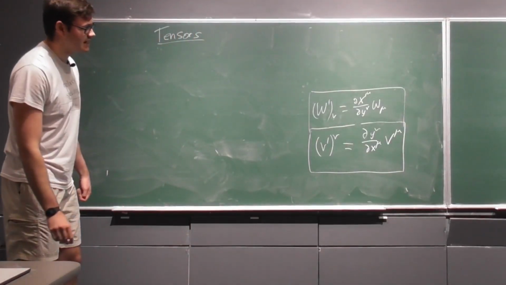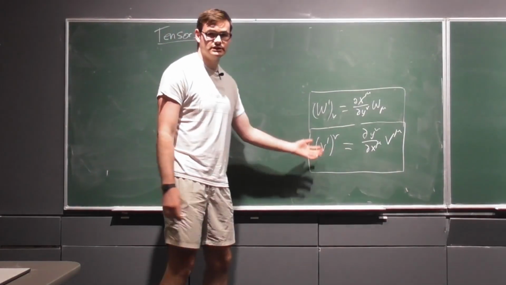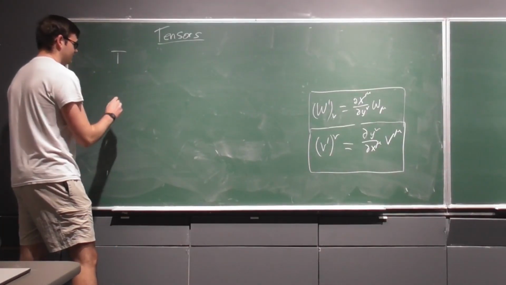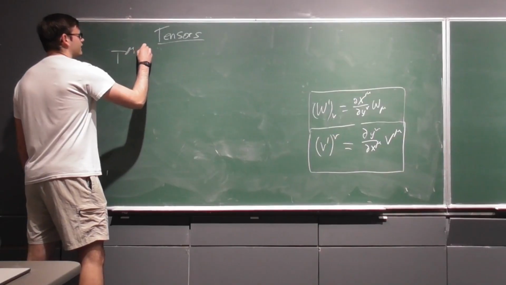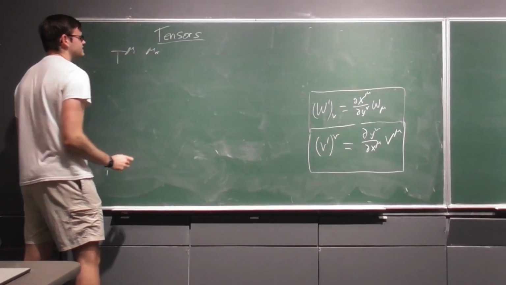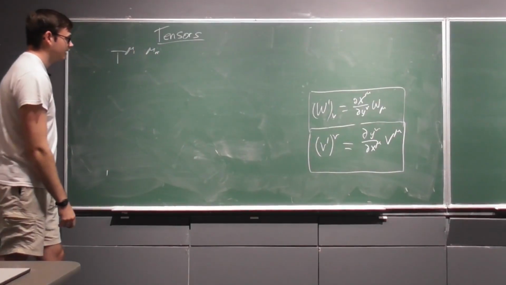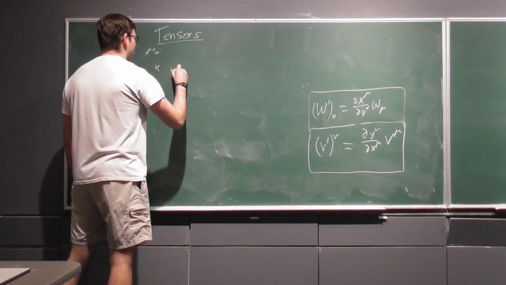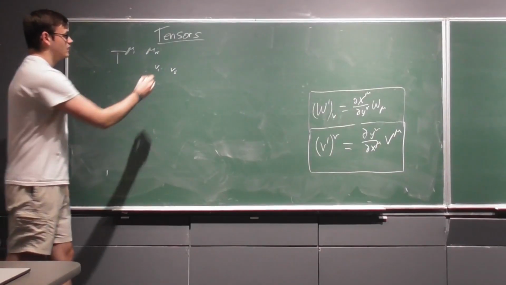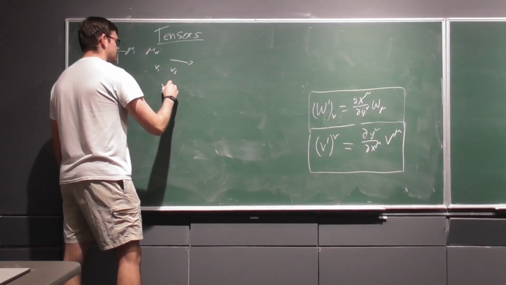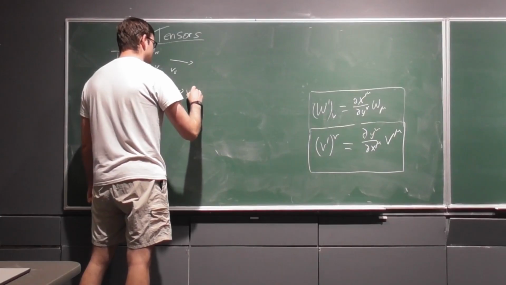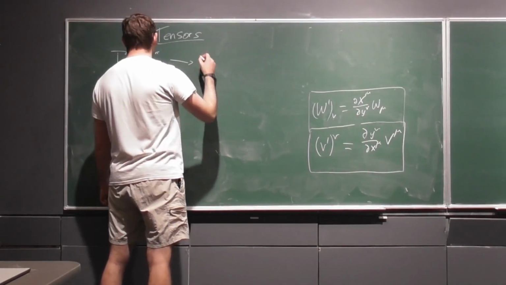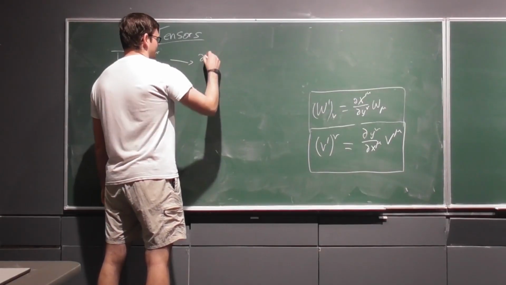Tensors are where we extend these objects to have multiple indices. Okay. So what I mean is, if I have any tensor and it has k of these indices, could be all upper, and then it could have s of these lower indices, under transformation where I send x mu to some other coordinate system y mu, this will become a long list of stuff.